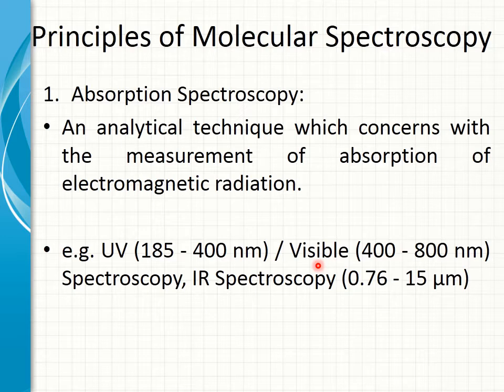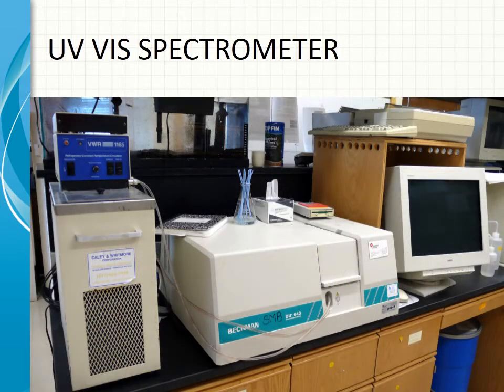Many of the spectrophotometers contain both the UV and the visible absorption measurement function in them. So they're called UV visible absorption spectrometers. This is one of the UV visible spectrometers which is represented here.